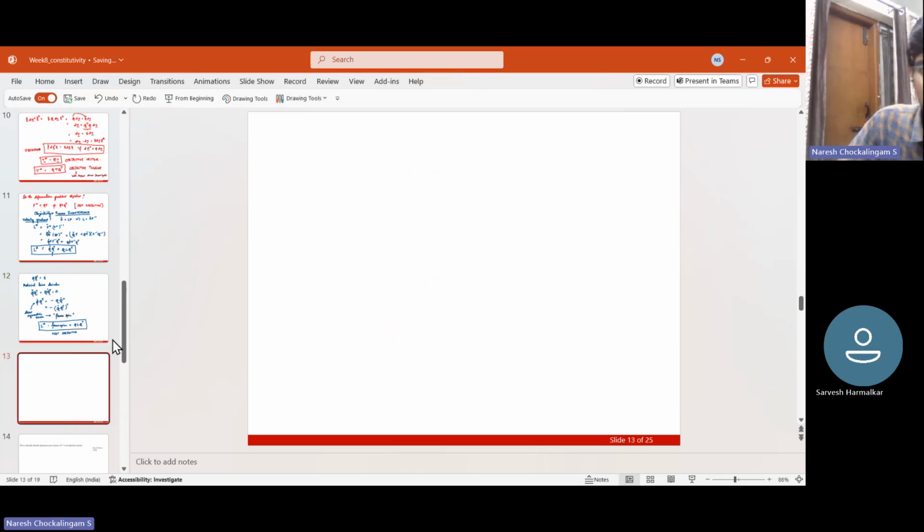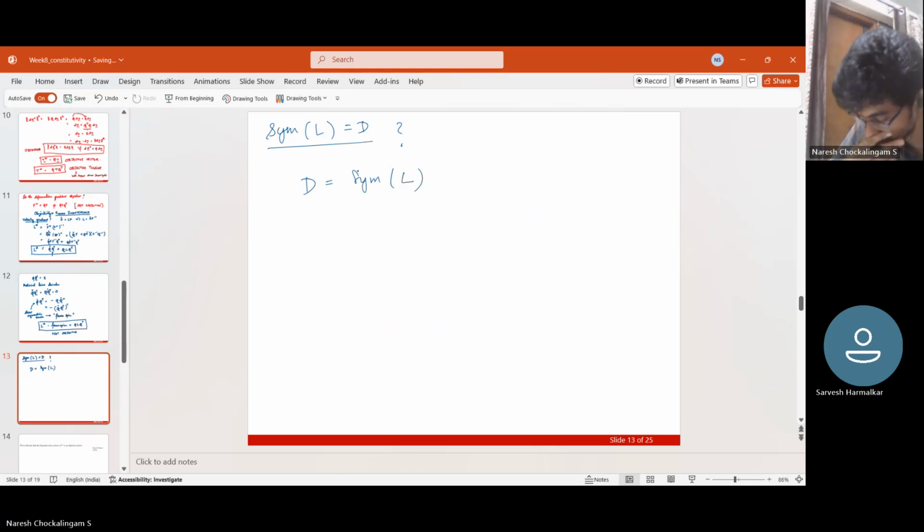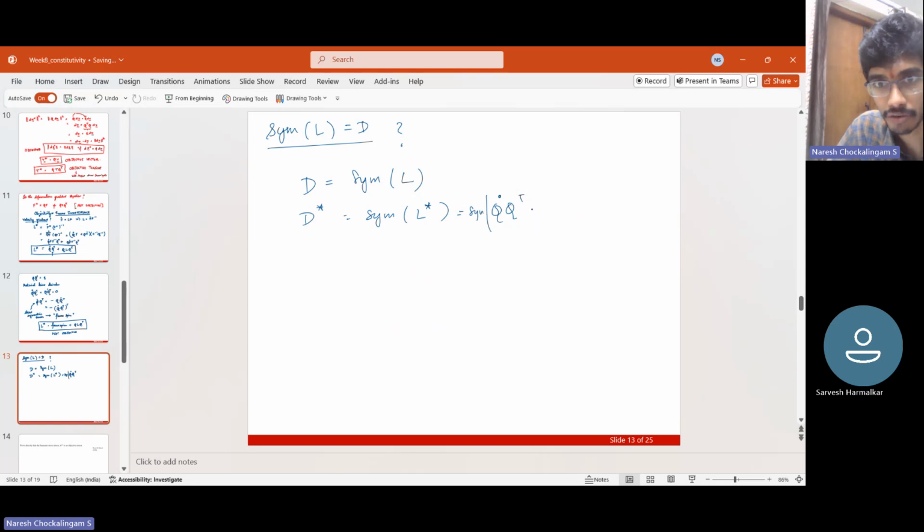Next, let us look at the symmetric part of L, which is D. So is this objective? D is equal to the symmetric part of L. So D star is equal to the symmetric part of L star. So it is the symmetric part of Q dot Q transpose plus Q L Q transpose. This is what we saw.